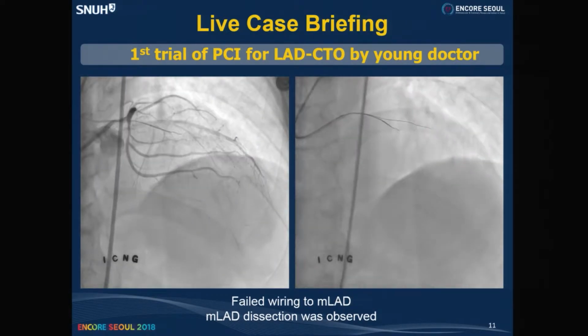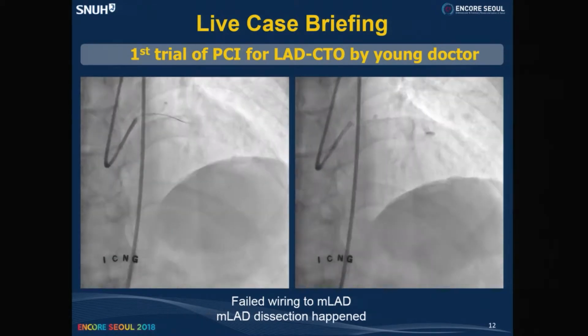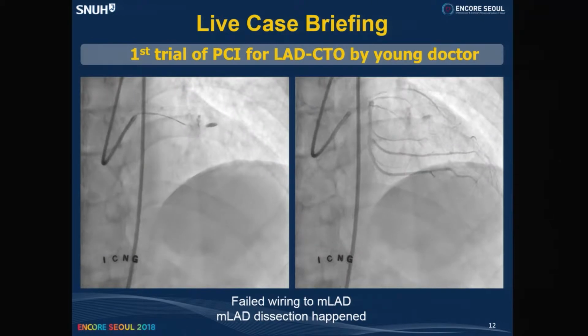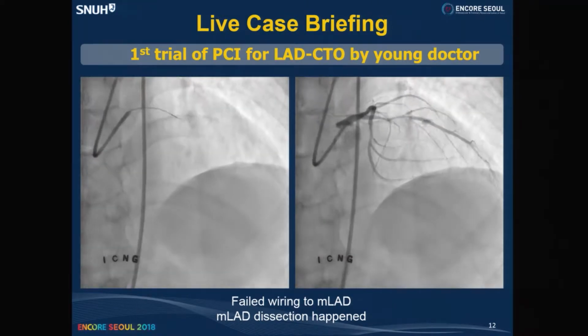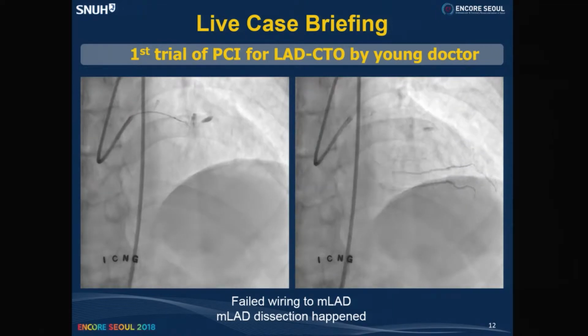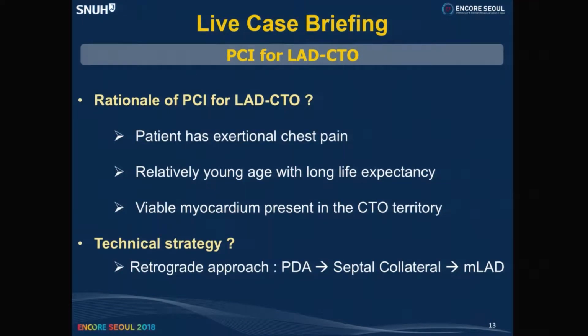He used Sion, then the side branch was damaged, and it was stopped. The issue for this case: is there a rational PCI for LAD CTO? Yes: symptomatic, young age with long life expectancy, and viable myocardium exists. What's the technical strategy? I tried retrograde first because there are definite septal collaterals from PDA to mid-LAD.